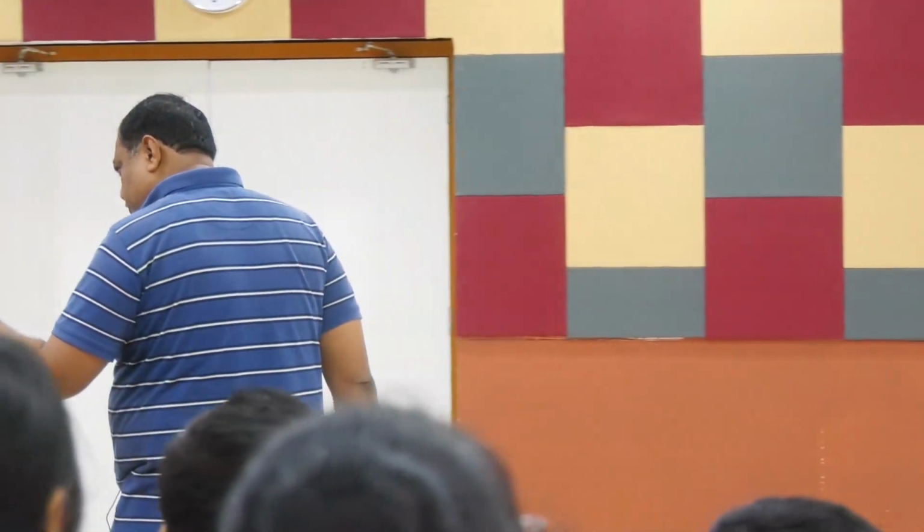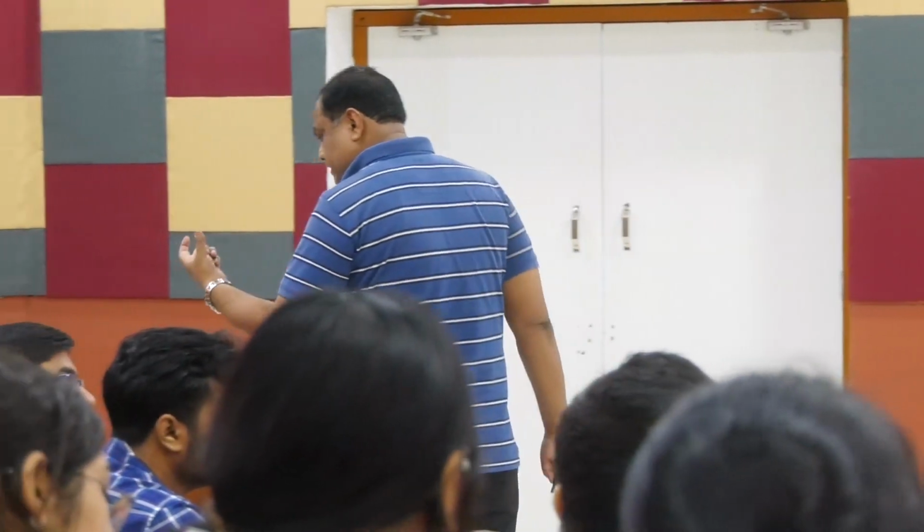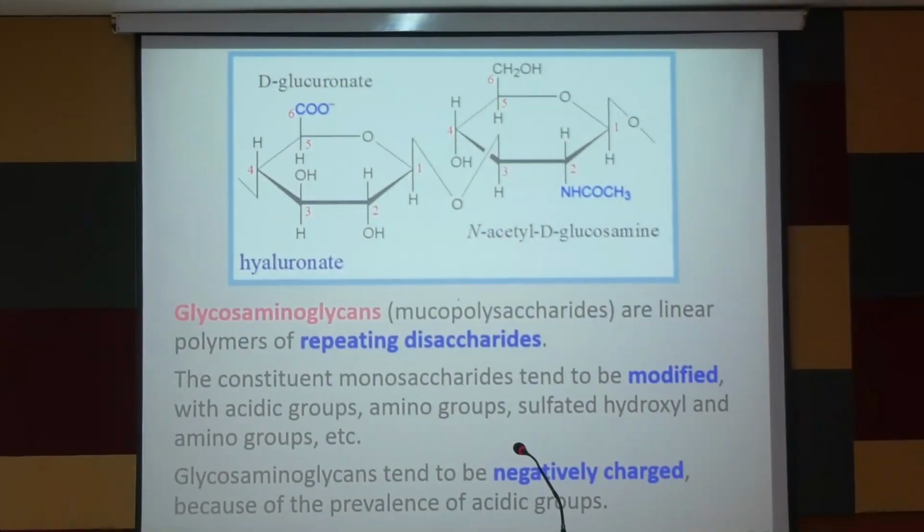Now, mucopolysaccharides refers to that group of compounds or heteropolysaccharides which comprise a repeated dimer unit of one acidic sugar and one amino sugar. Mostly a repeated dimer unit of one acidic sugar and one amino sugar. Now, this definition you will find here.